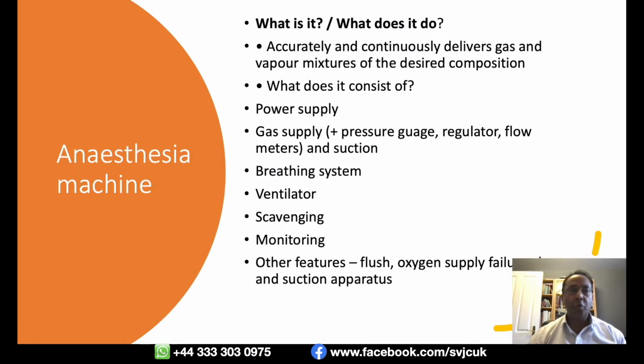This slide shows the parts or features of the anesthetic machine. It has a power supply, a gas supply, a breathing system, a ventilator, scavenging, monitoring equipment attached, and also other features like a suction apparatus.